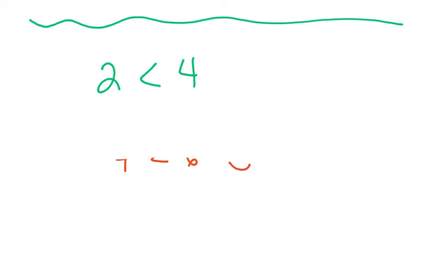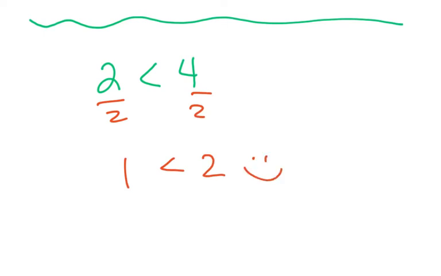Okay, what if I subtract 2 from both sides? Is it still true? Yep, still true. What if I multiply 2 on both sides? Still true? Yep, still true. What if I divide both sides by 2?